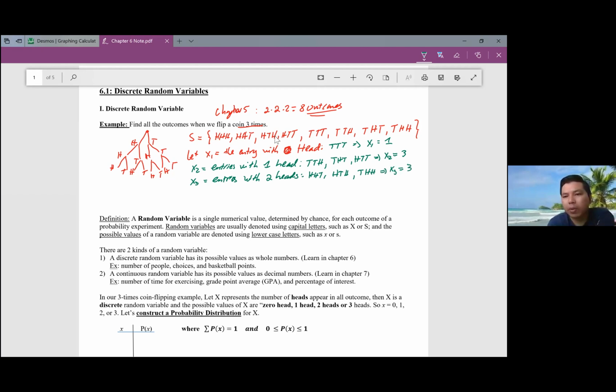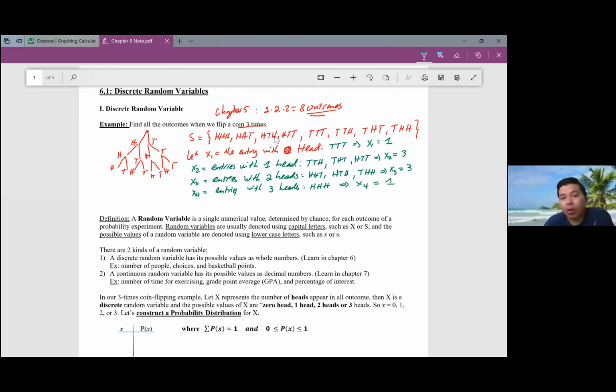You guys stay with me on that? Okay. And then I let x4 be the number of entries with 3 heads. There's only one of those, which is head, head, head. So x4 will be 1. Does that make sense?